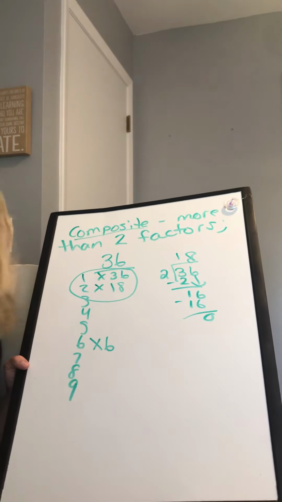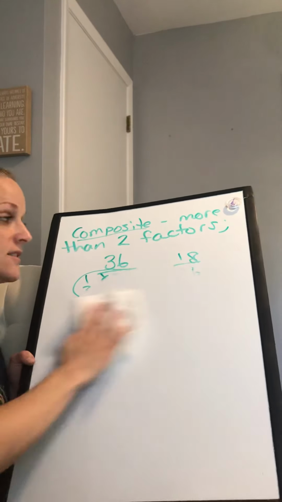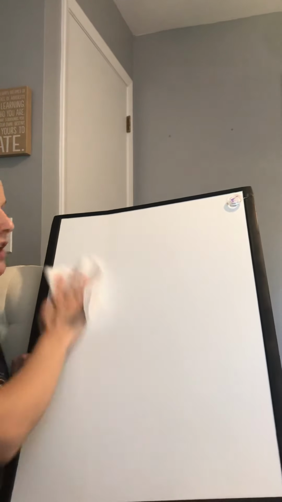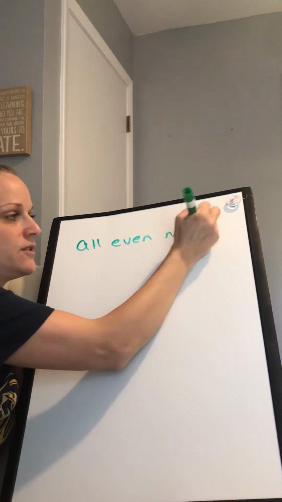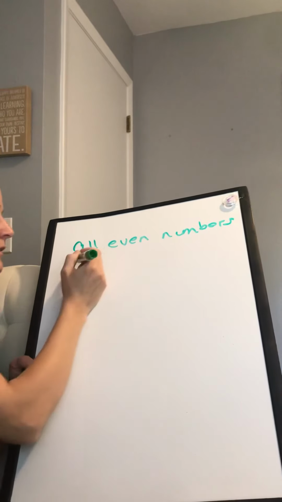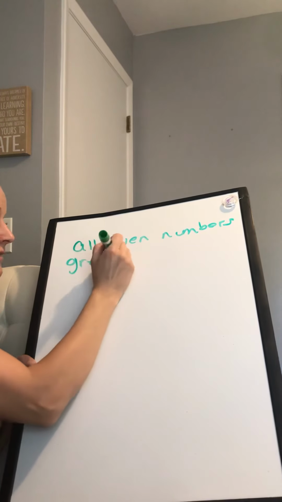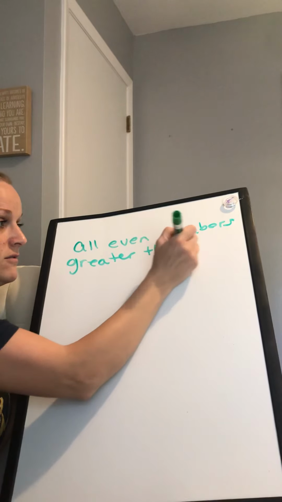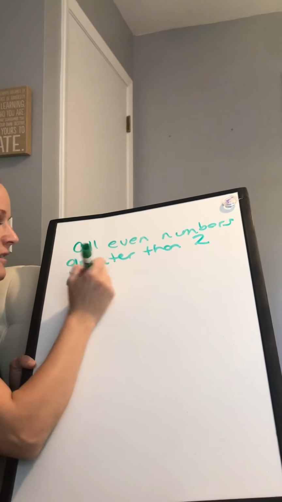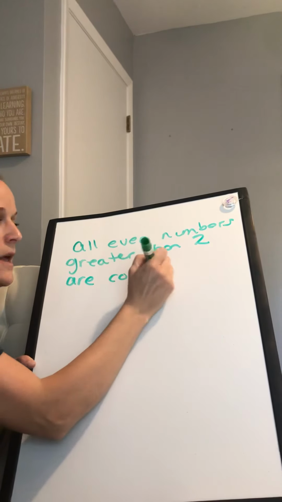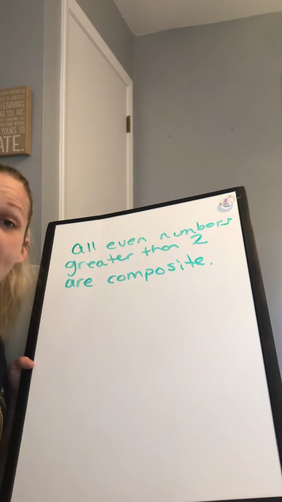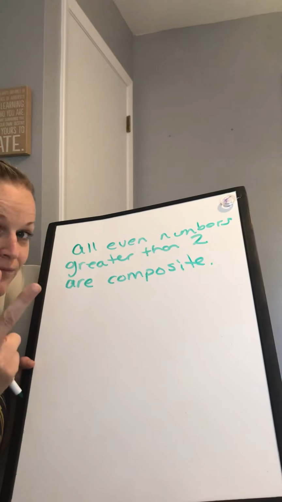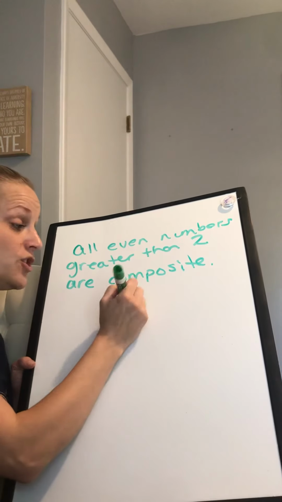Okay? Also, what's really important to know is all even numbers, and this might be something on your quiz, all even numbers greater than 2 are composite, because all even numbers have a factor of 2, except the number 2.